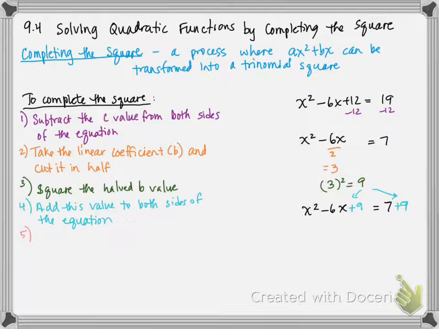Then we're going to factor the trinomial square, because that's what we've just created. Remember, we take that linear term and cut it in half. Or we can think about it as the square root of the first term is x, the square root of the second term is 3, and the middle is negative.